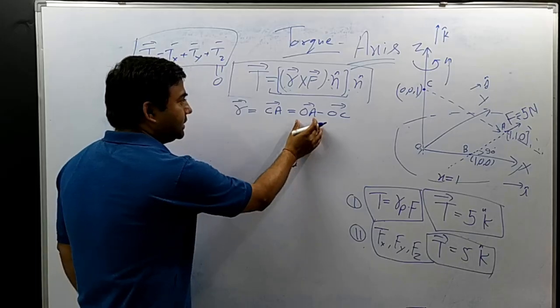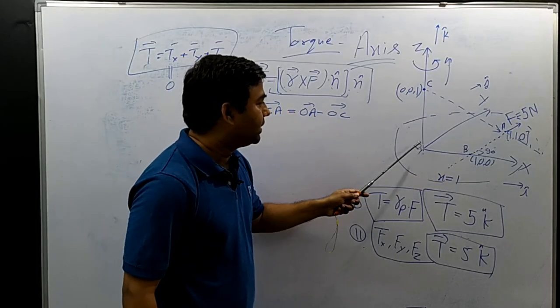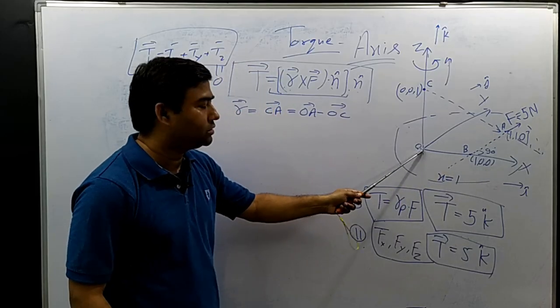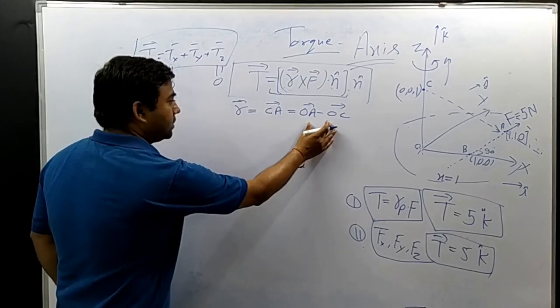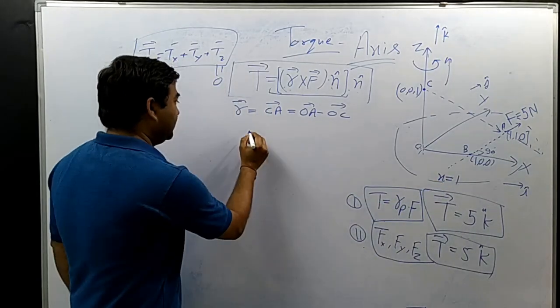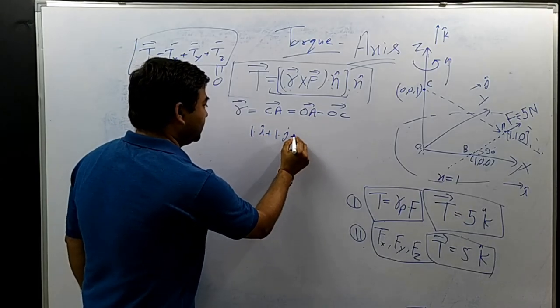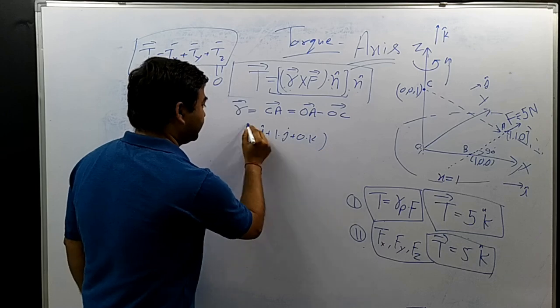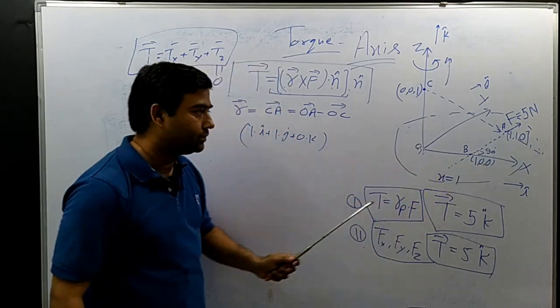So vector OA, this is the origin actually, will be based on the coordinates of A, 1 into I plus 1 into J plus 0 into K. This is vector OA because 1, 1, 0.